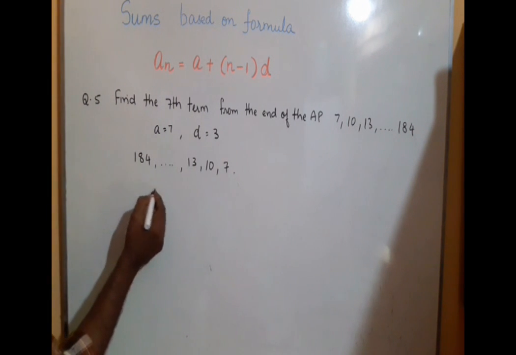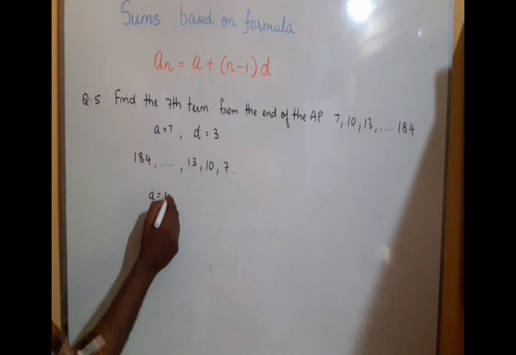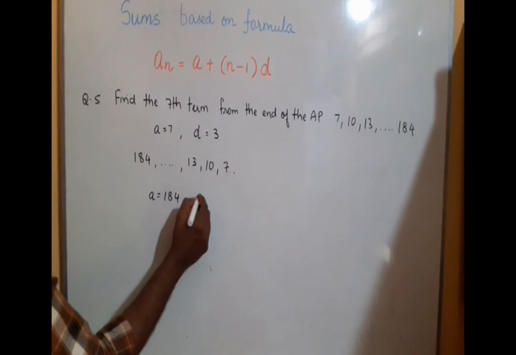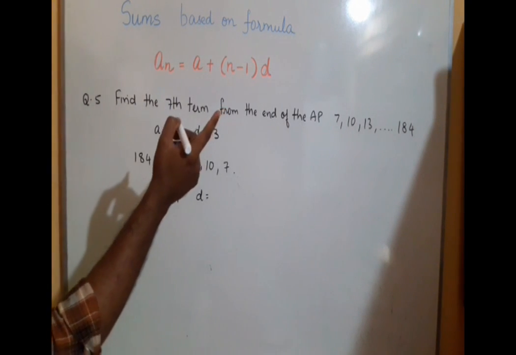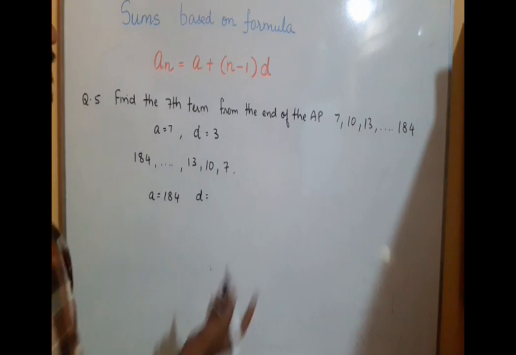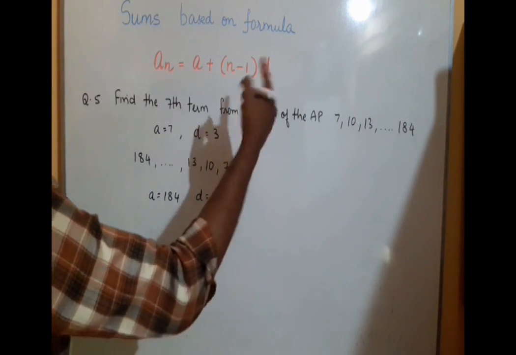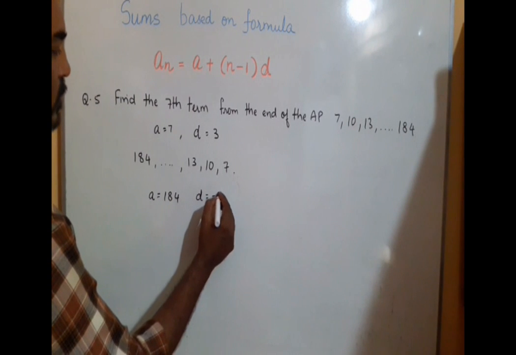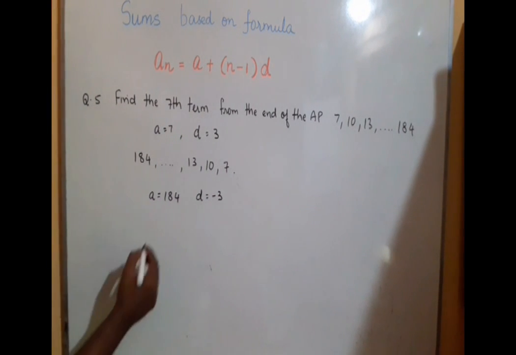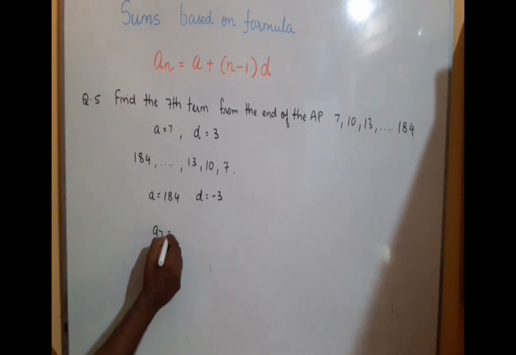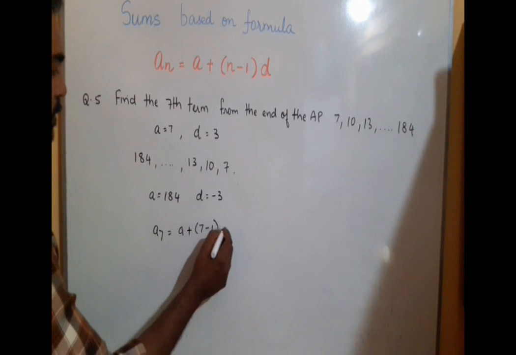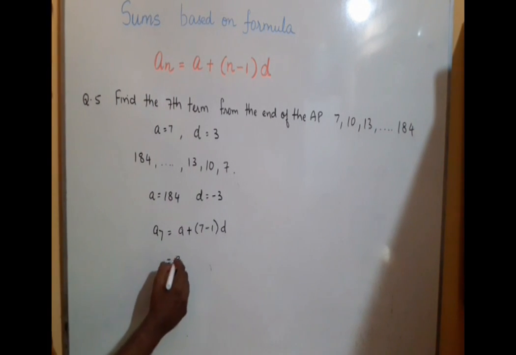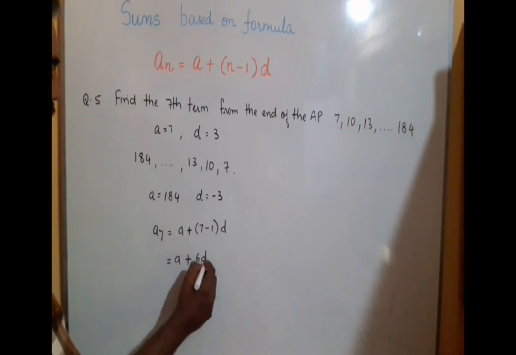So now we have A equal to 184 and what will D be? In the sequence we had, the terms were increasing by 3. So when we move in reverse, the terms decrease by 3, so D becomes minus 3. So the 7th term is given by A plus (7 minus 1)D, that is A plus 6D.